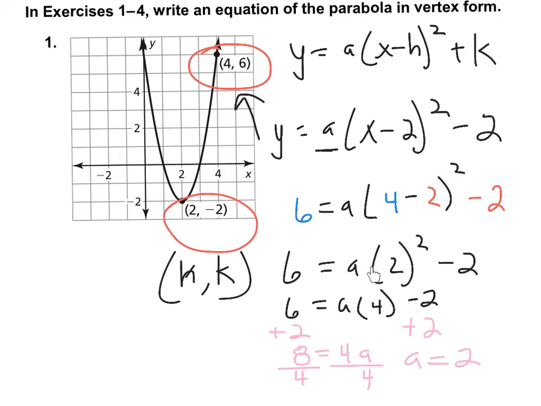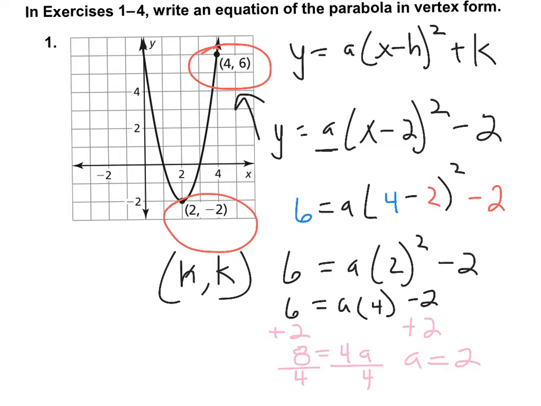Very quickly, 2 squared, of course we get 2 from 4 minus 2. 2 squared is 4. We add 2 to both sides to get rid of this -2, so we get 8 over here equals 4a, but we need the a to be by itself, so we're going to divide by 4, so a equals 2.